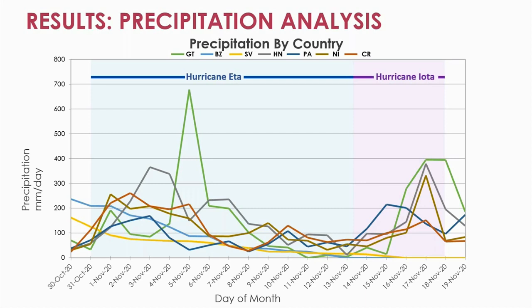Again, this information helped identify key countries to look at for flooding. This precipitation analysis can help identify study areas to look at for flood impacts and can act as a preliminary analysis before implementing the HydroFloods tool.